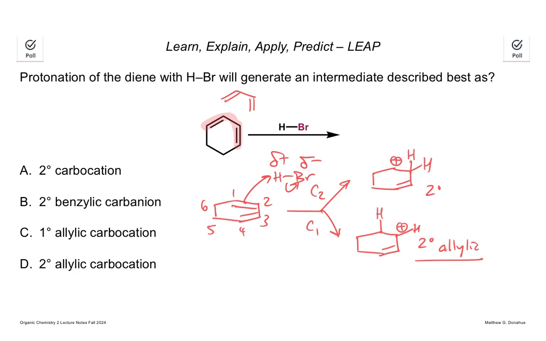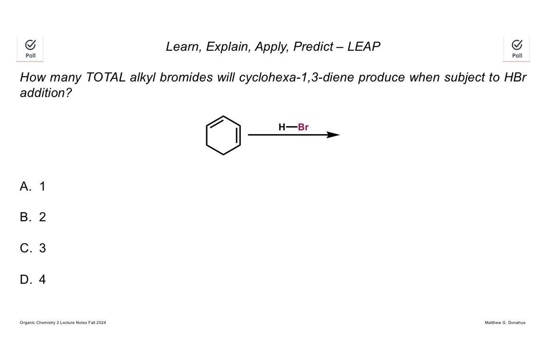So with the secondary allylic, we're going to proceed through that intermediate in predicting the product. So we've gotten to that point. This H is that H right there. Now the bromine's going to trap that.